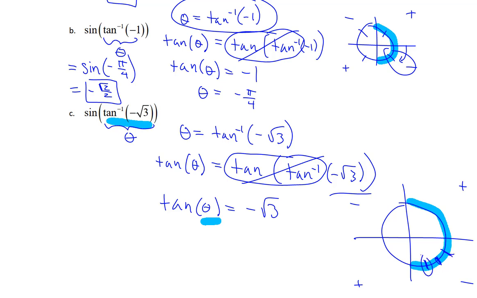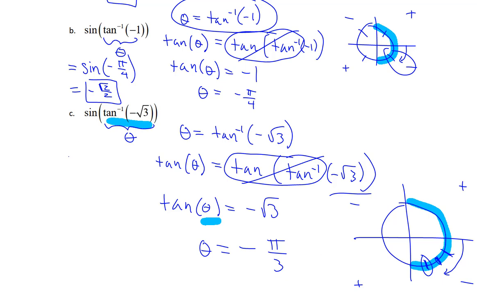Just root 3 itself would be at the lower mark of that quadrant, which means if we label that appropriately, that would be negative pi over 3. That's going clockwise into quadrant 4, to the third tick mark, so that's a pi over 3 distance, but it's negative, so there it is. Remember, we're not done. That simply means that theta equals negative pi over 3.